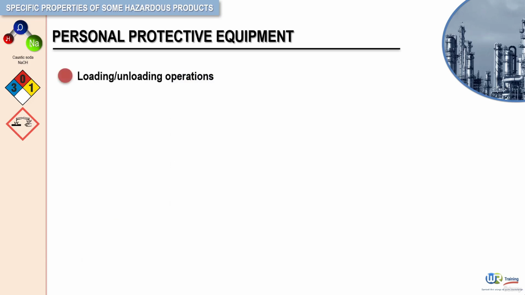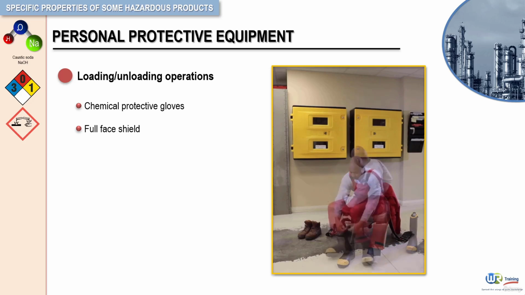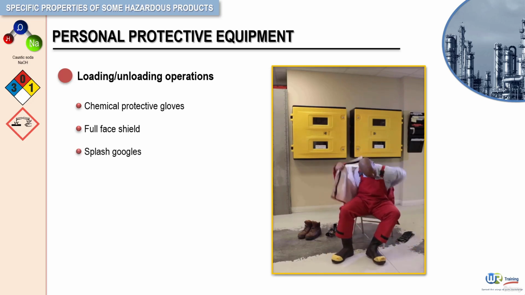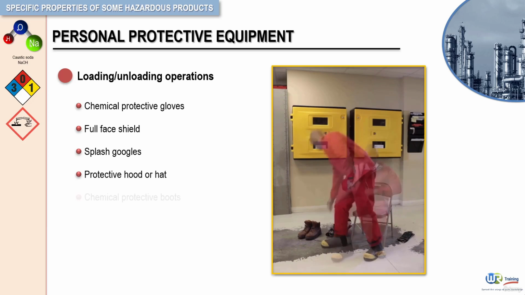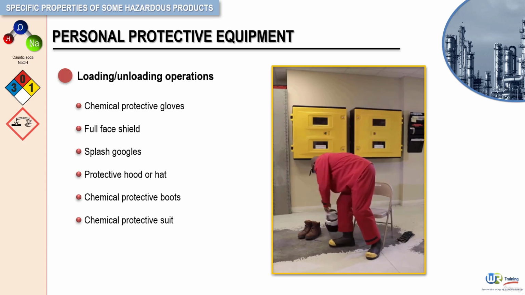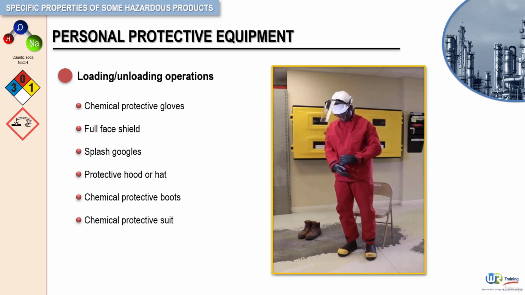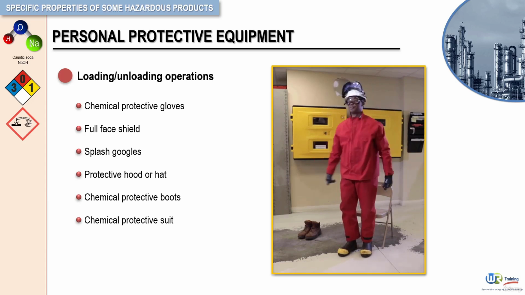When loading and unloading containers or performing initial line breaks, chemical protective gloves, a full face shield and splash goggles, protective hood or hat, chemical protective boots, and a chemical protective suit should be worn, as illustrated here. Your company's air testing results and policy will dictate whether a respirator is required for any or all of these activities.